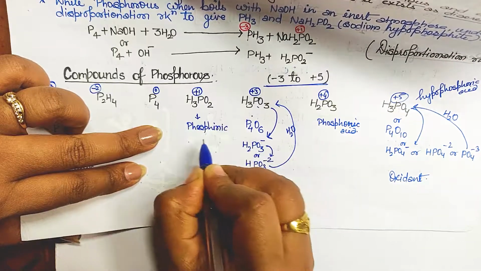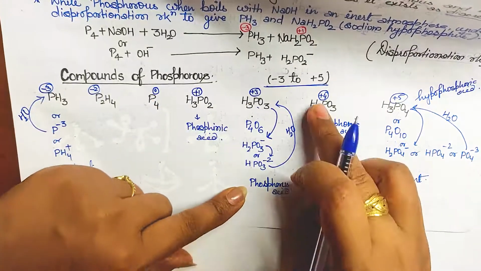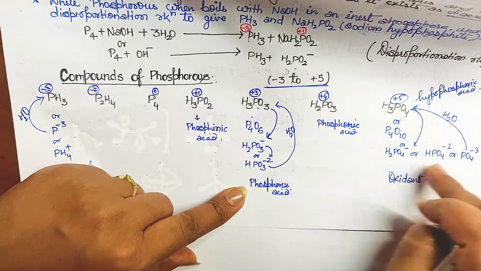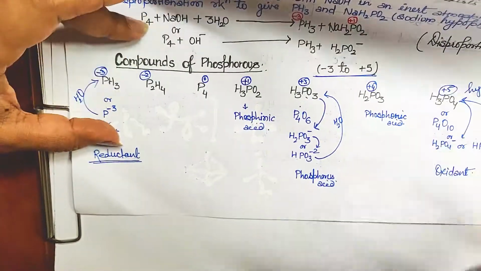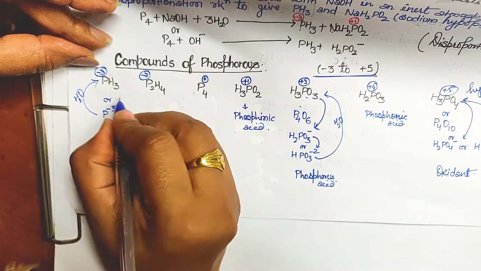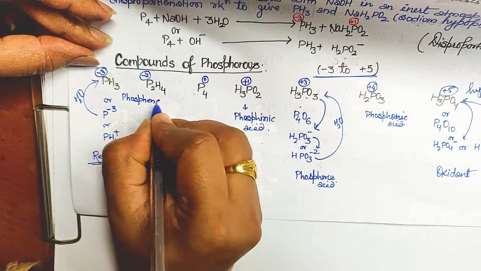This one is phosphorus, this is phosphoric, and this is hypophosphoric because two oxidation states are there. PH3 is known as phosphine.